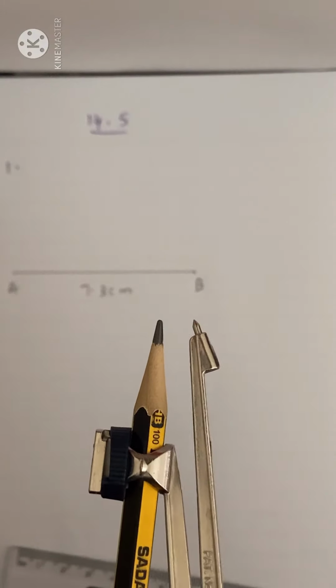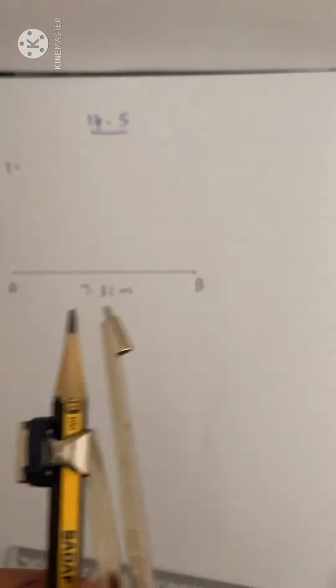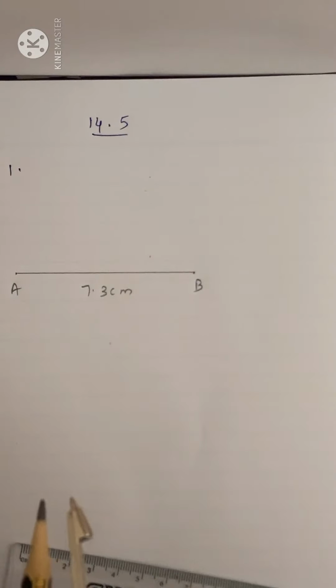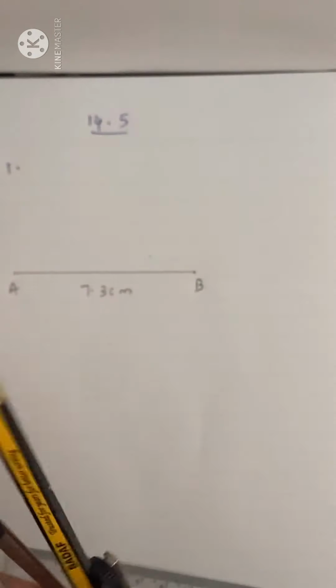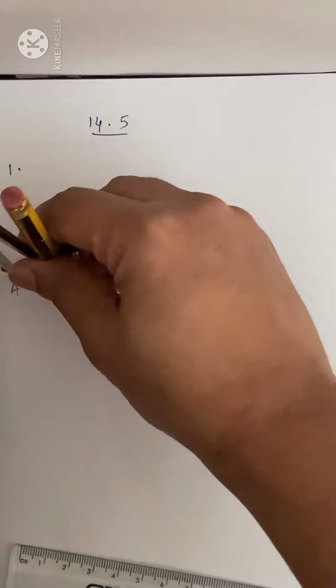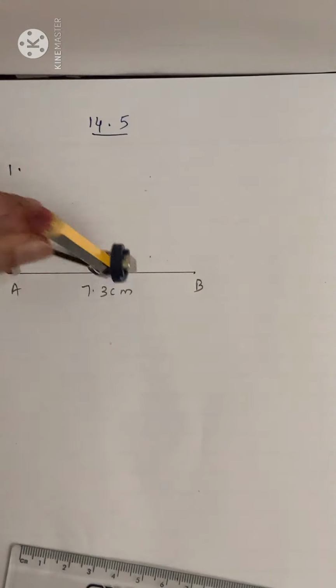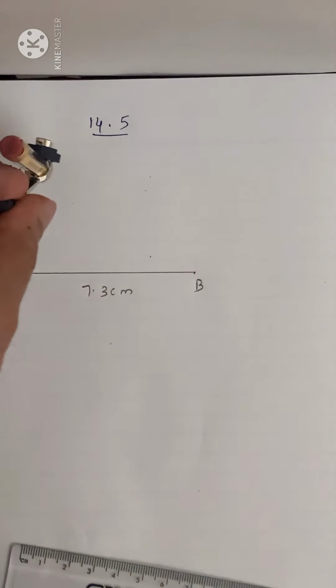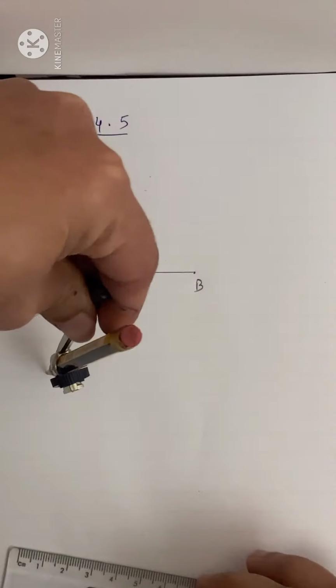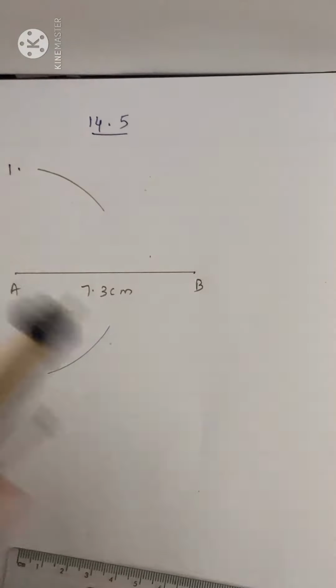Take your compass and pencil. Now with A as center, take a radius more than 7.3 and draw an arc above the line segment and below the line segment like this.